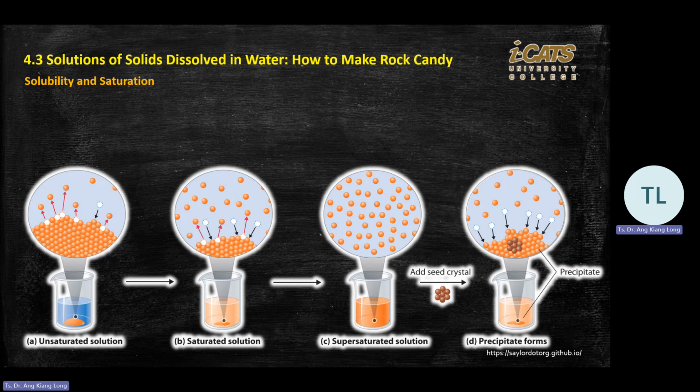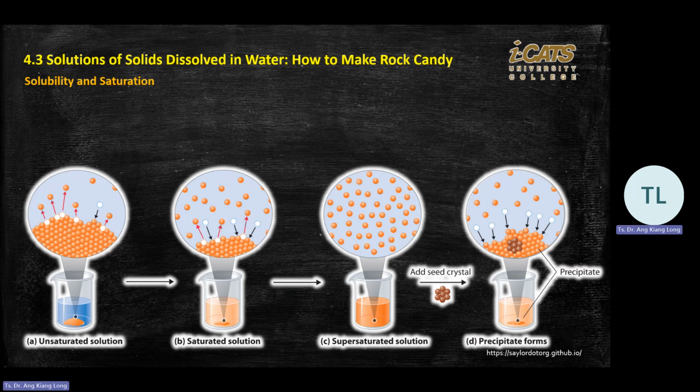Then, if you add a seed crystal, meaning you add an extra solid that can start the seeding, right? Then you will see precipitation. The precipitate is what you see forming at the bottom.